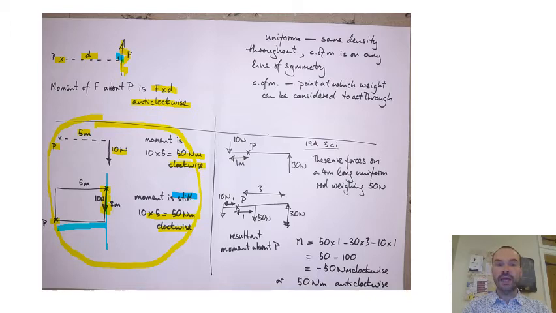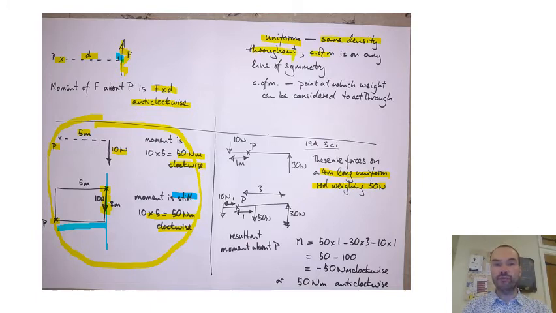Okay, in 19A question 3C, or in fact all the ones in question 3, they want you to consider a 4 meter long uniform rod weighing 50 newtons. Uniform, the same density throughout.